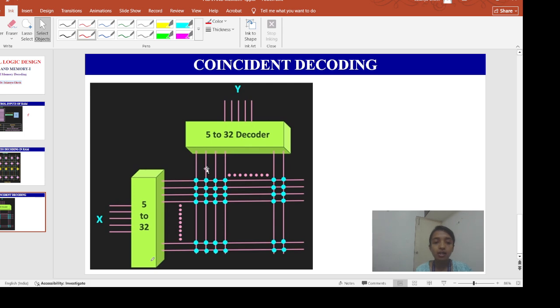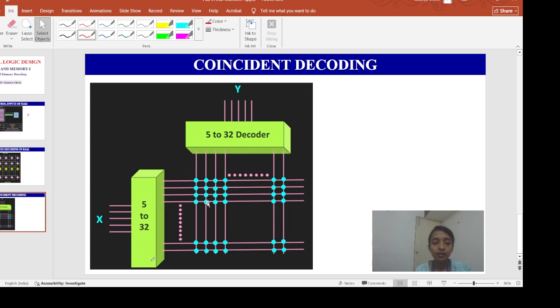One part is given to the row decoder to select the specific row, and the second part of the address is given to the column decoder to select the specific column. The location where the row and the column coincide gets selected.